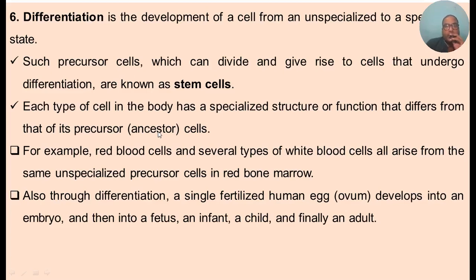For example, our eye lens cell has a particular function. Our lens cell can't produce bile. Similarly, our liver cell is not able to see or visualize the external world. Similarly, a red blood cell is not able to synthesize its own bile or enzymes.